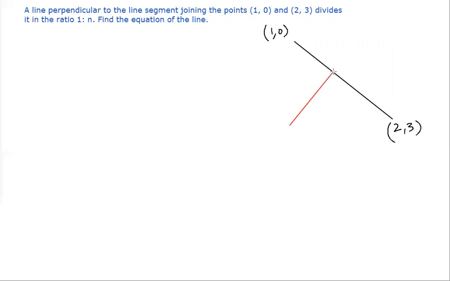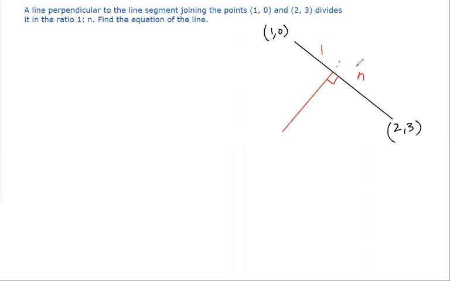Students, it's always better if you draw the figure, right? Okay, so make you a better engineer, right? So this line is perpendicular to this line joining these 2 points. Now he says this is dividing this line in the ratio 1 is to n.